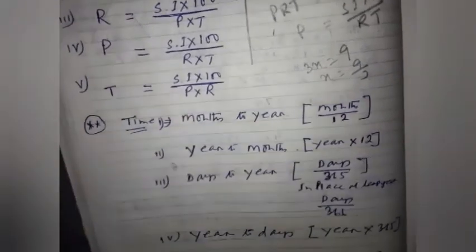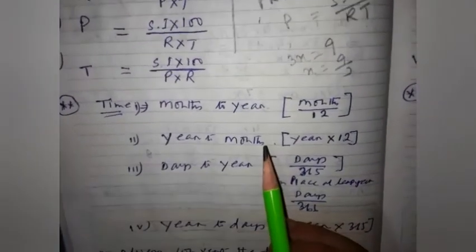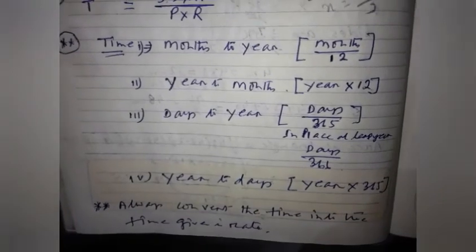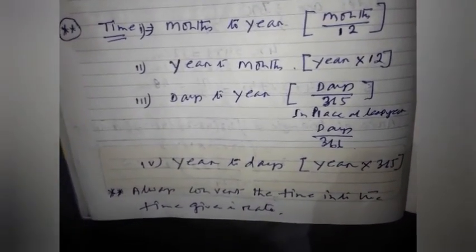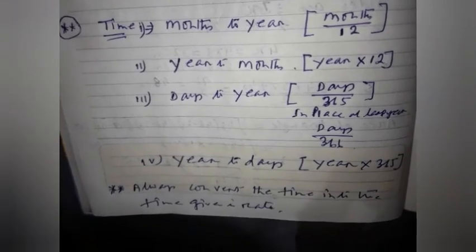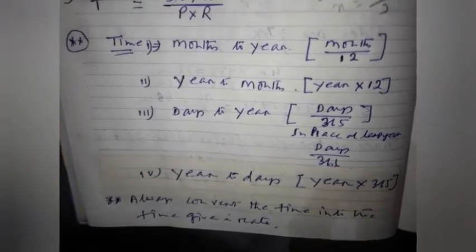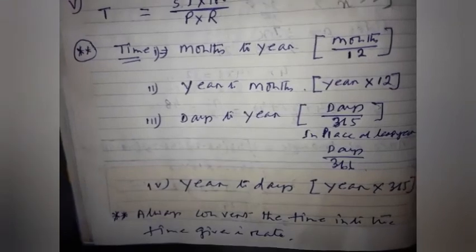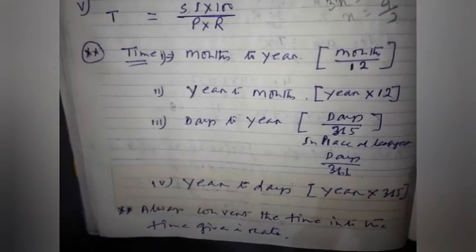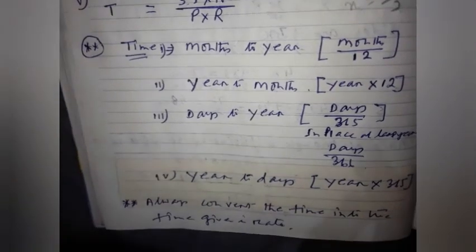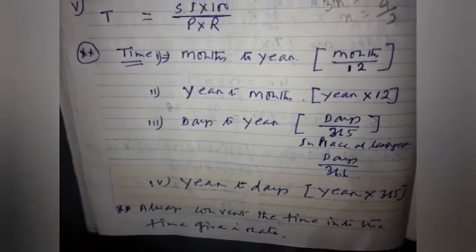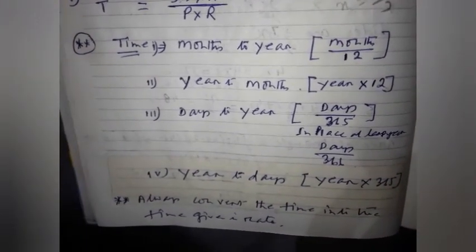Now the next most important thing: how to convert the time. I told you the first time when it was taught to you, there also I mentioned it. Whenever you are going to do simple interest math, one most important thing you always remember: rate is given sometimes per annum, sometimes per month, sometimes per day also.